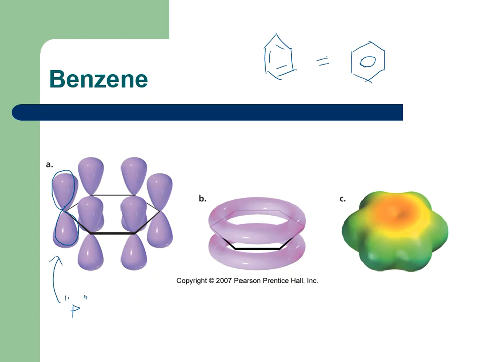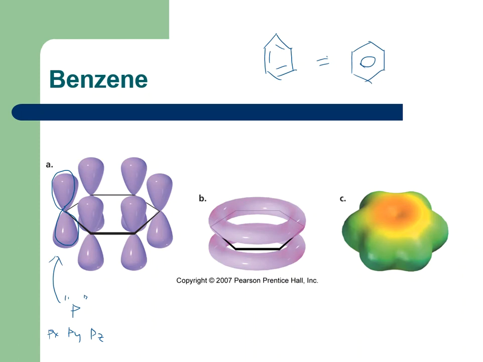You can go straight up and down with a figure 8, or you can turn this over to the side for a left to right figure 8. Or because it's three-dimensional, you can turn this toward you and away from you, and that is another orientation of the p orbital. This is what we call our px, py and pz orbitals back in Orgo 1.